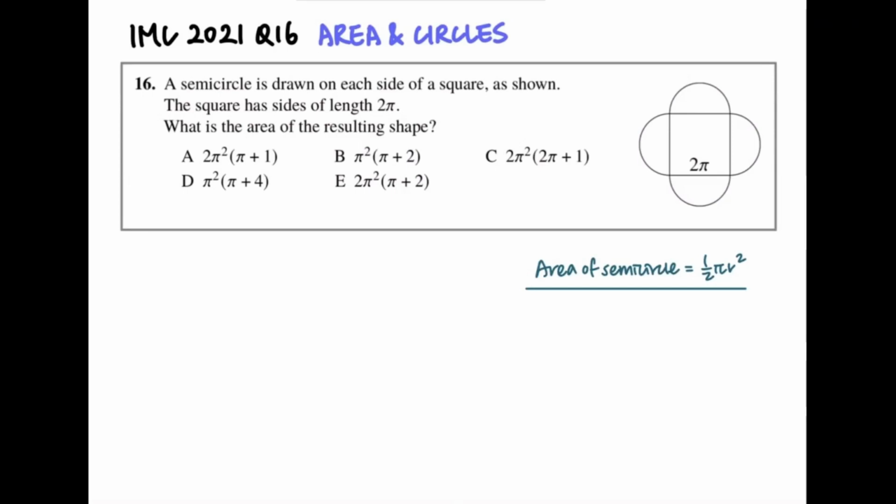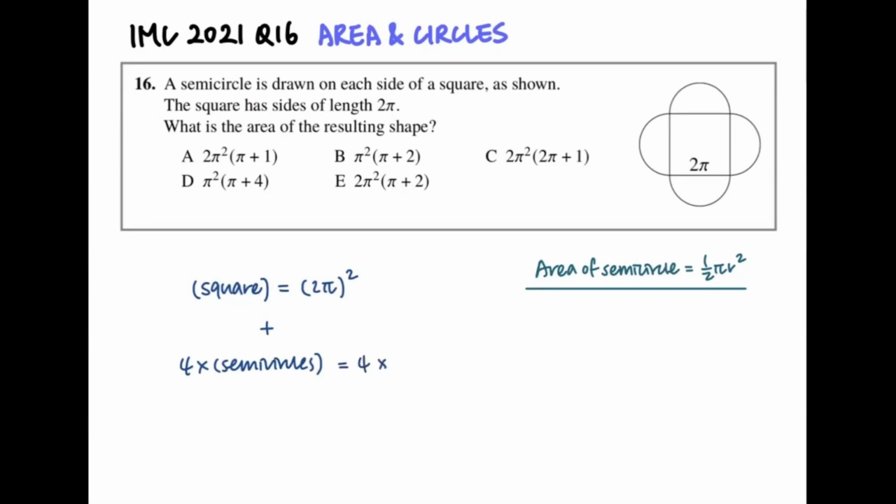So first of all, we have to add the area of the square and the 4 semicircles that you can see. The square would be side squared, which would be 2 pi squared, plus the area of the 4 semicircles, and that would be equal to 4 times half pi r squared.